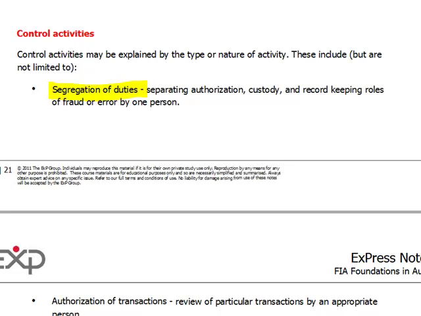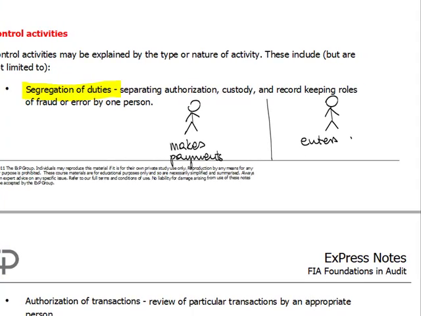The most typical, the most obvious, and the most frequently expected control is that the person who makes the payments is segregated or is a different person than the person who enters counterparties into payables ledger, or in general the person that posts the payables ledger.